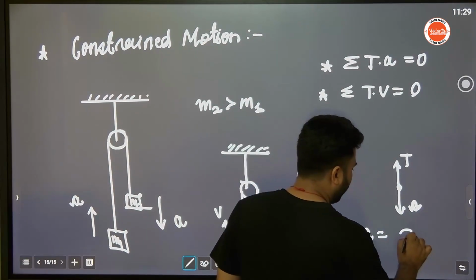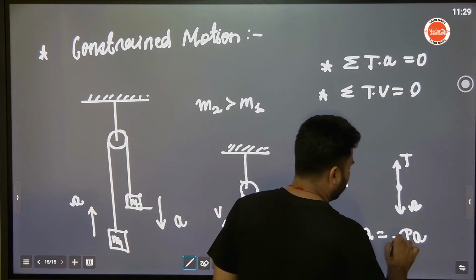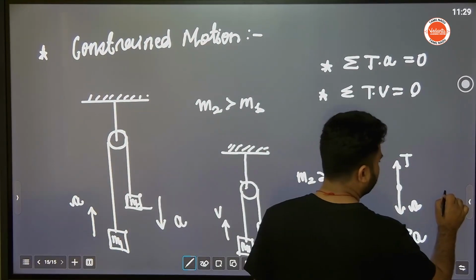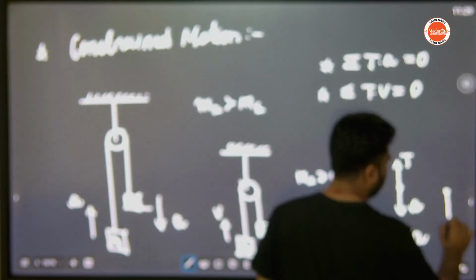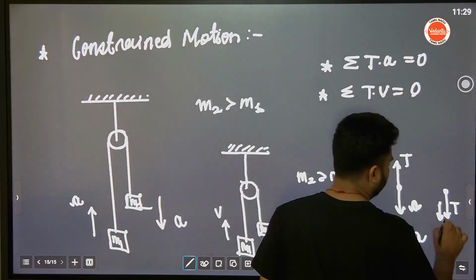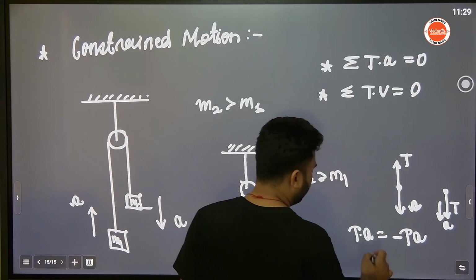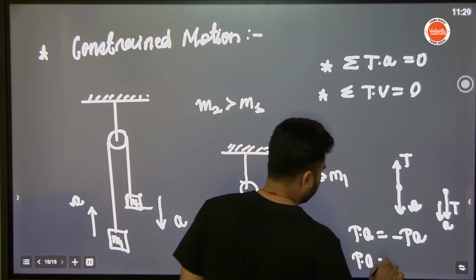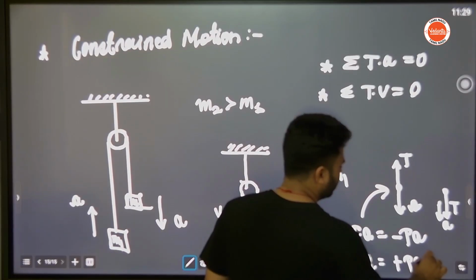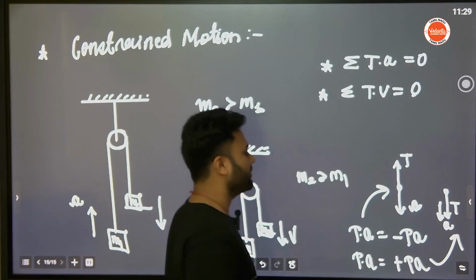So TA cos 180 degrees means minus TA. If tension is acting downward and acceleration is also downward, then you will write plus TA.